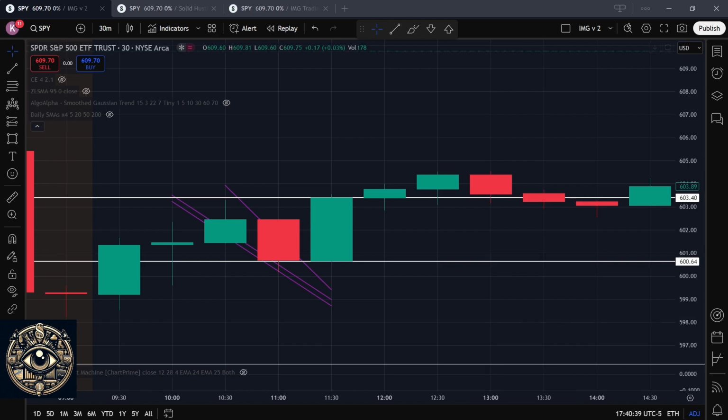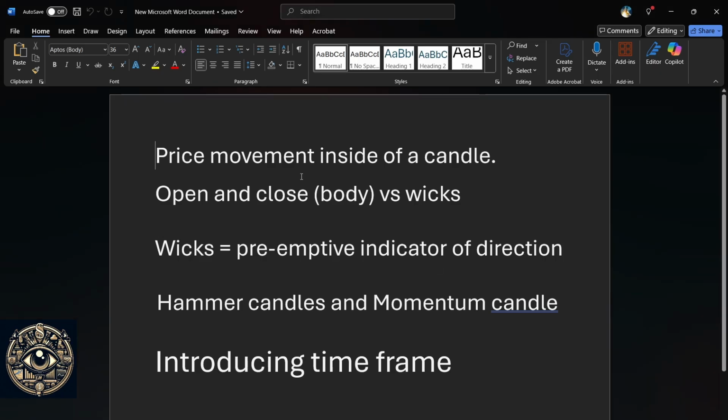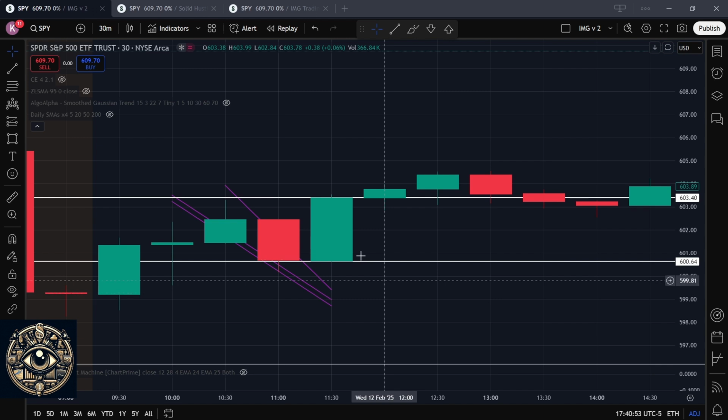So first, let's go over some of the basics. What a candlestick provides is the price movement inside of that time frame. For example, on Wednesday, the 12th of February, the 11:30 candle.